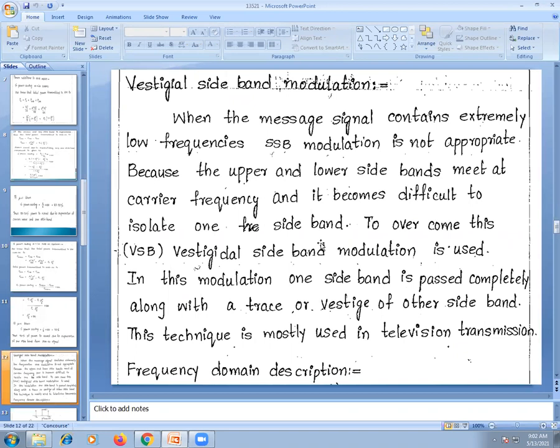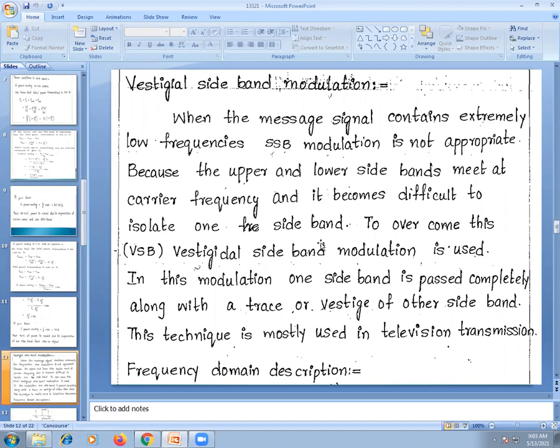When the message signal contains extremely low frequencies, SSB modulation is not appropriate, because the upper and lower sidebands meet at the carrier frequency.